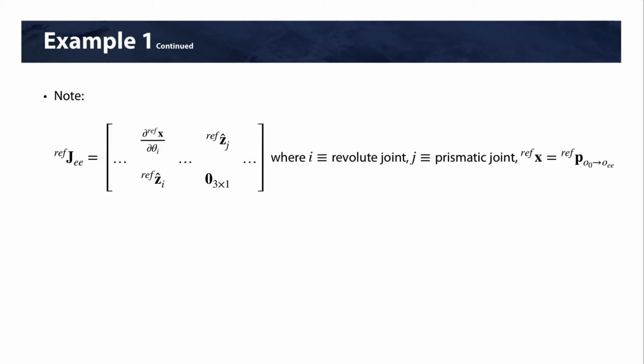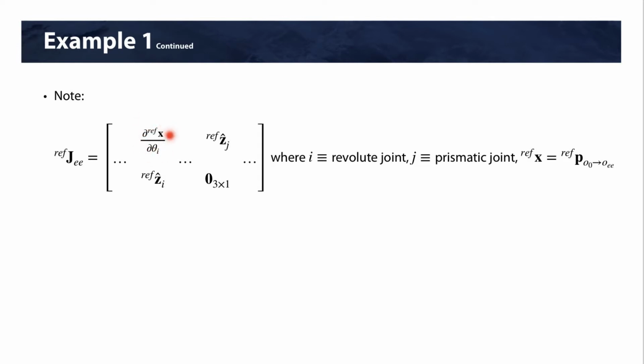Now, to find the Jacobian using joint directions and derivatives, we showed that this is the form that our Jacobian takes. Remember, each column of the Jacobian is one joint. If our ith joint is a revolute joint, our Jacobian takes on this form. It's the partial derivative of our position vector with respect to the joint variable i.